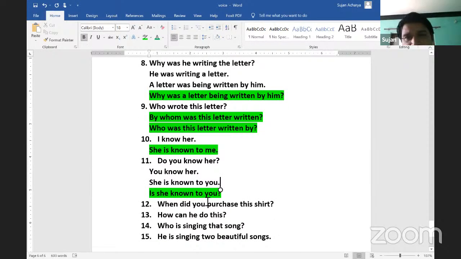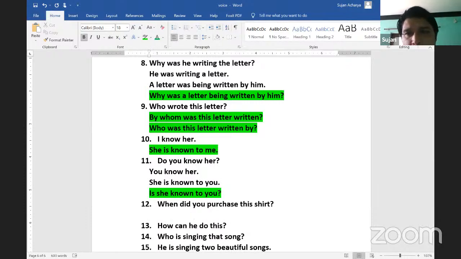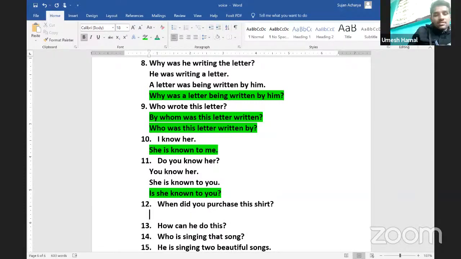Now do the rest of the questions yourself. When did you purchase this shirt? What's the answer? You purchased this shirt.